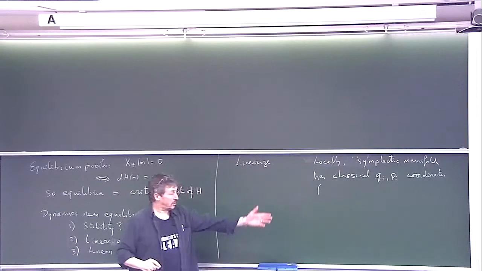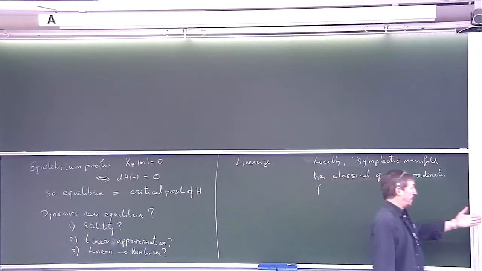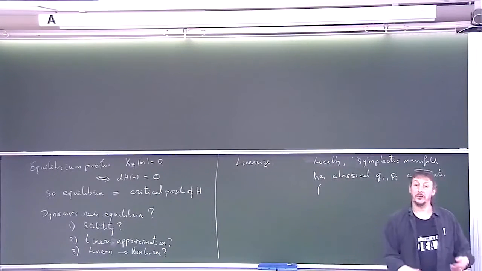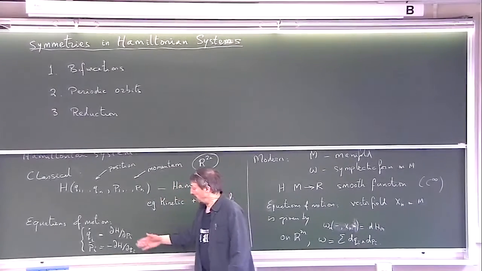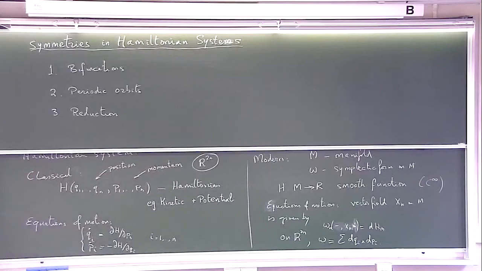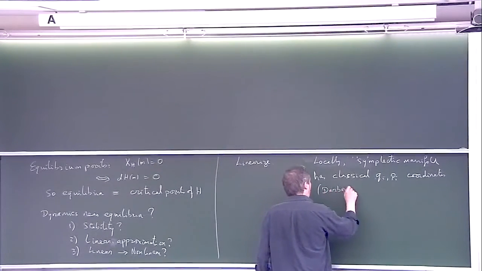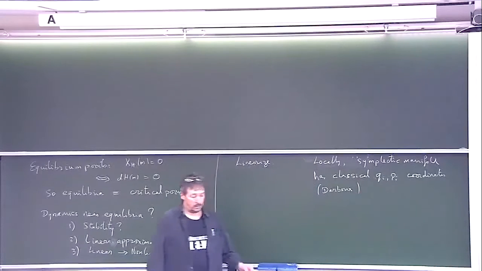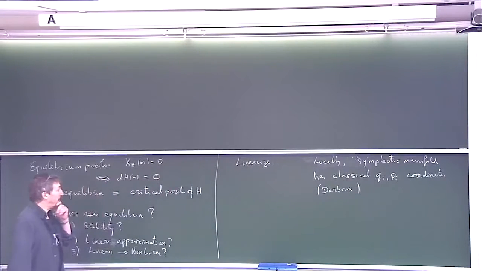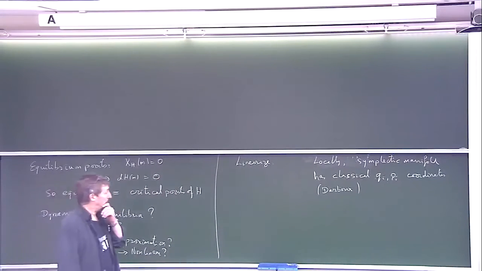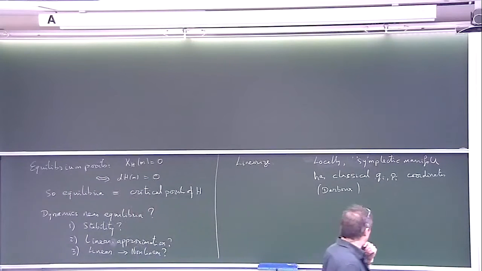We can always just locally study. I'm talking about the neighborhood of an equilibrium, not global dynamics at the moment. So we can always write it in this form. This is called Darboux's lemma. That was known from the late 1800s, 1890s. Forget that.